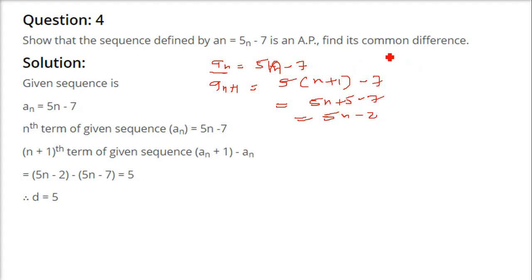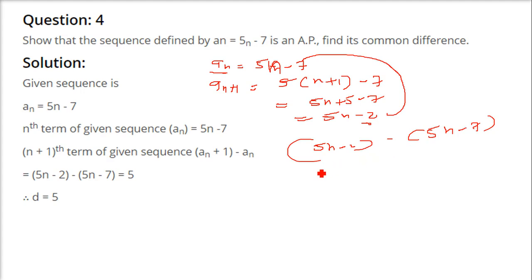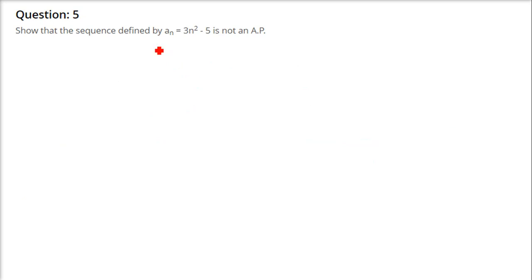Now for the common difference, we subtract: 5n minus 2 minus (5n minus 7). So 5n minus 2 minus 5n plus 7. This goes, 7 minus 2 is 5. So D is 5. The common difference is 5.